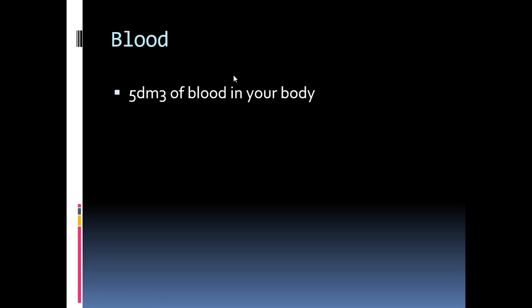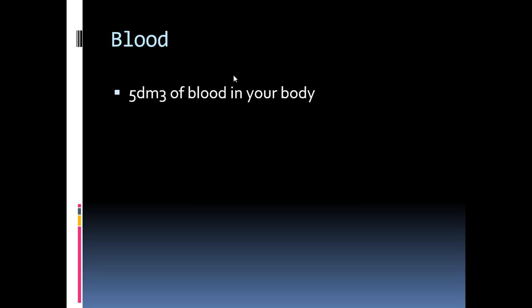Next, we are going to look at some of the types of blood cells that can be found inside the blood vessels. And those cells are suspended in the blood plasma. The total volume of blood inside the human body on average is roughly about 5 decimeter cube, or 5 liters.